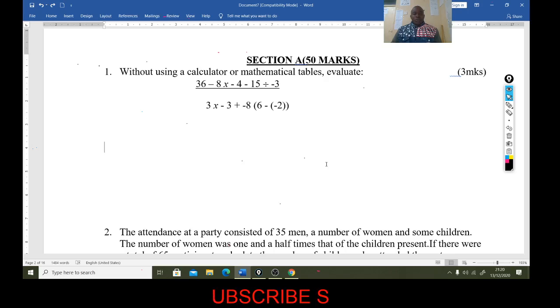I want to start by explaining the advice I usually give my learners: in mathematics, when you are given a paper, you start with Section B. First go through the paper, read the questions in Section B, choose the best 5 for you, and start doing them for 1 hour.